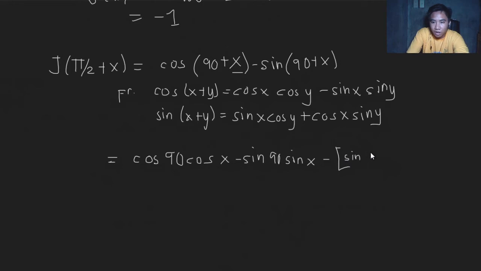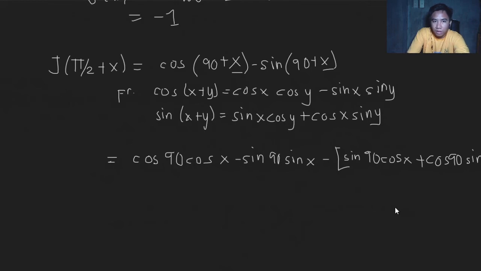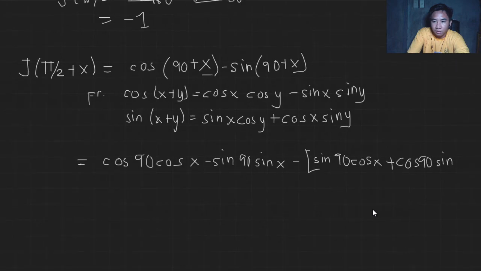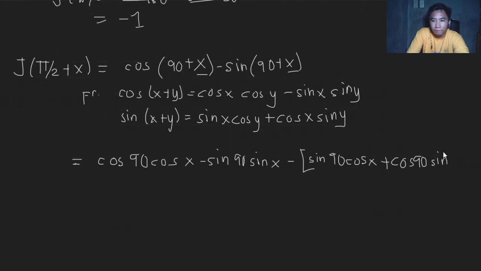Sin x natin is 90, cosine y, which is the x, plus, cosine 90 sin x.